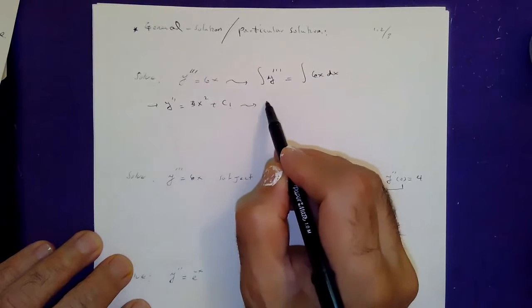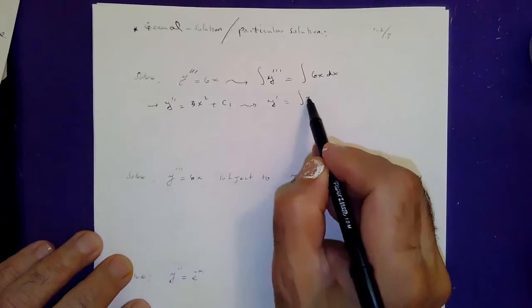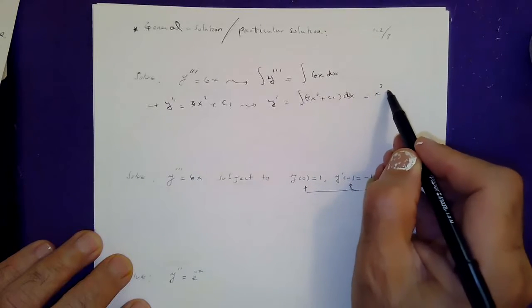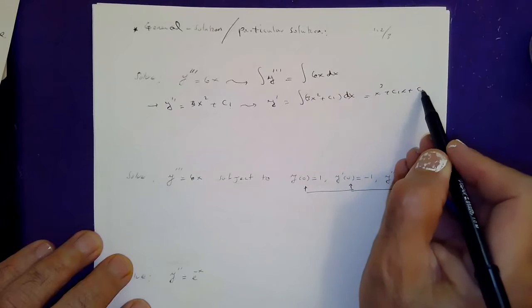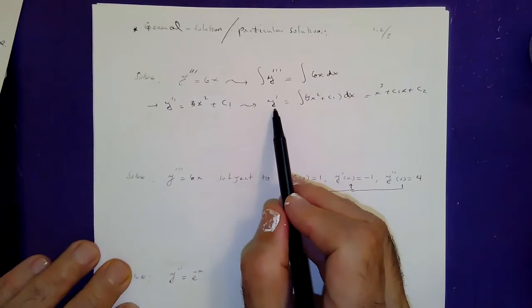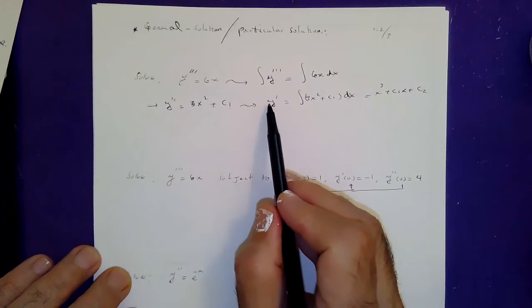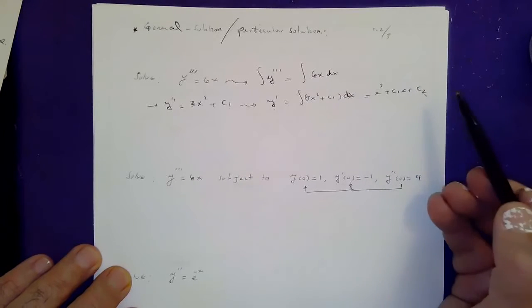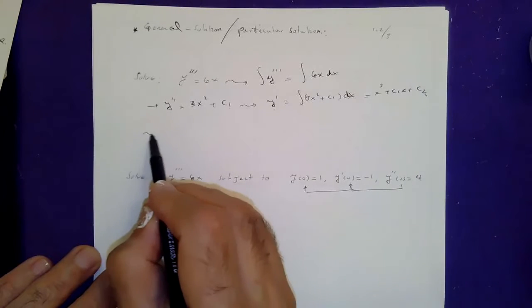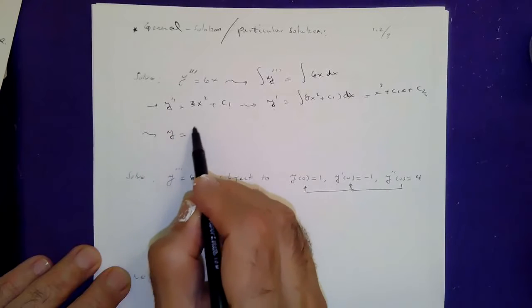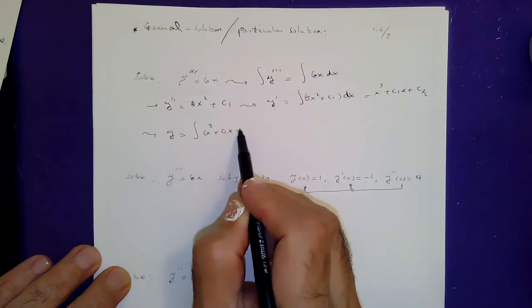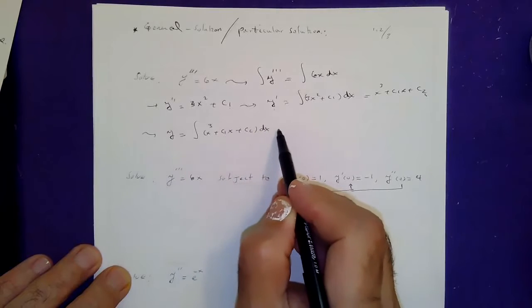To go from second derivative to first derivative, I need to take the antiderivative of this expression. So I get x cubed plus c1x plus one more constant. Notice even though you get a constant on the left side, that's okay. You can always move it to the right side and combine it with this one, which still is a constant. So to go from y prime to y, I need to take the antiderivative of this with respect to x.